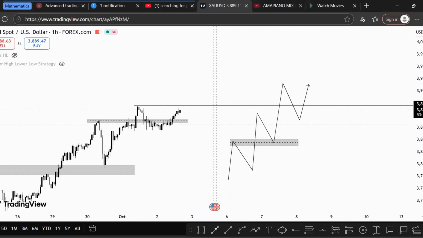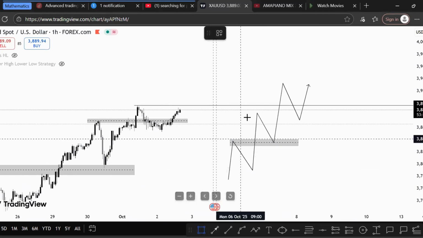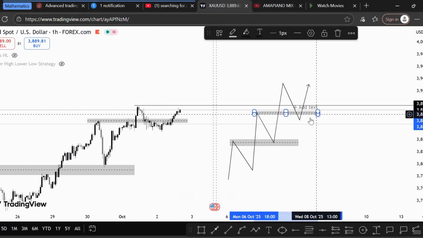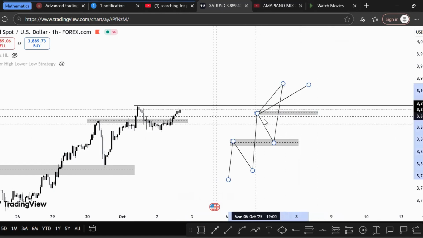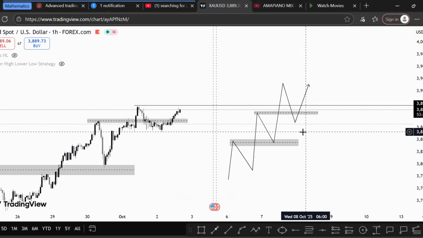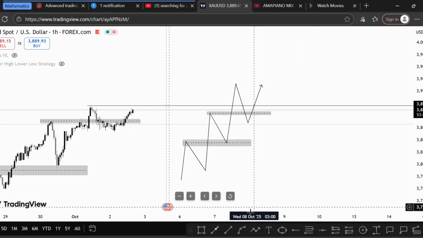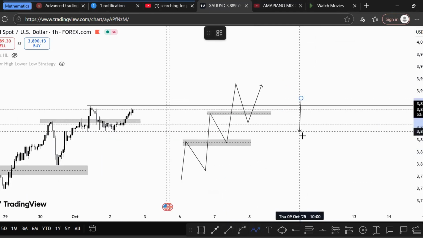But the one I prefer is the one that actually corrects into the previous higher high, or, if it's a downtrend, it will be something like this.